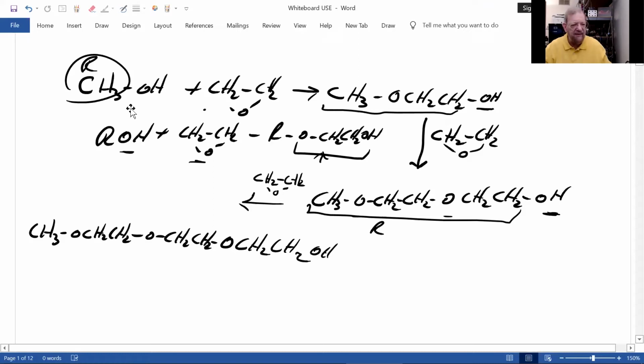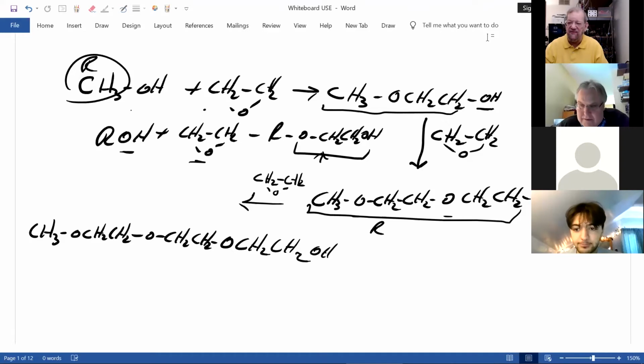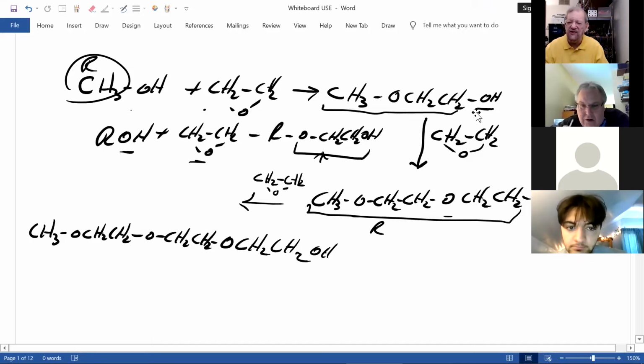Right here, I start with an alcohol and ethylene oxide, and I make this ether alcohol. Everybody with me? Give me a thumbs up if you're with me so far. All right, now, the molecule I just made, what is the functional group I have here? Carbon with a hydroxyl group. It's an alcohol.